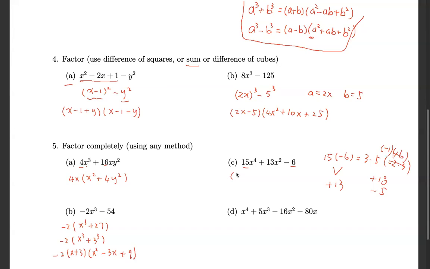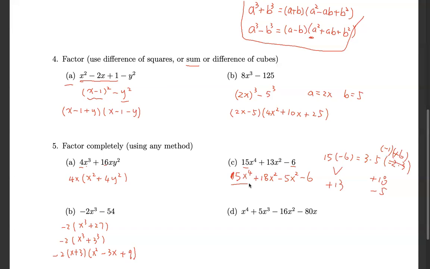So you can do this. You use the bridge method, that's 15x raised to 4. Then split 13x squared into positive 18x squared minus 5x squared, then minus 6, right? 18x squared minus 5x squared is still positive 13x squared.